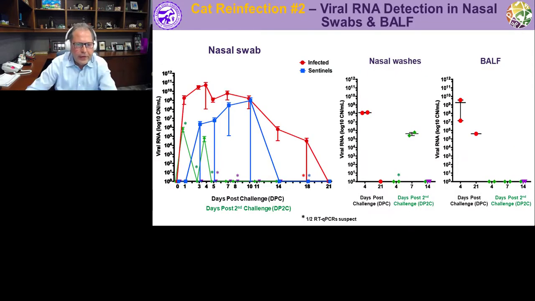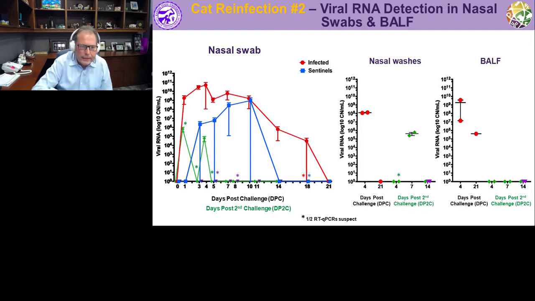So what did we see? These studies are not yet complete, all the data are not in yet, so I would just focus on the data we have. And the most important was nasal swabs. These are in red again, the infected and the sentinel animals. On day 1, already positive in primary infected animals, day 3 in the sentinels.